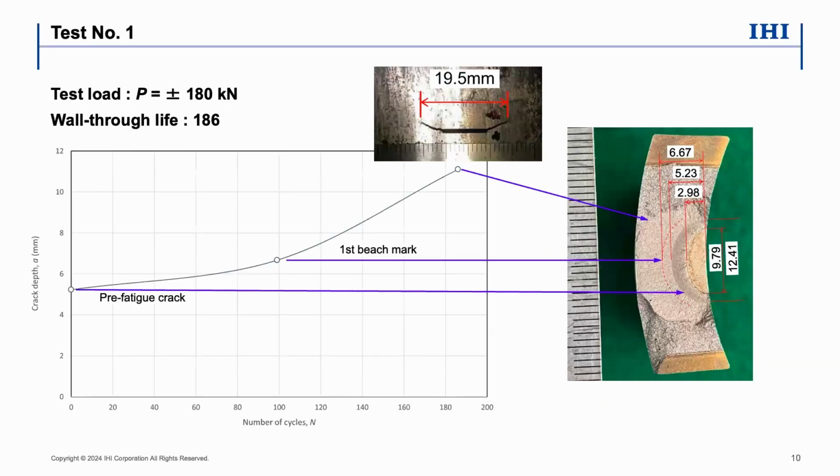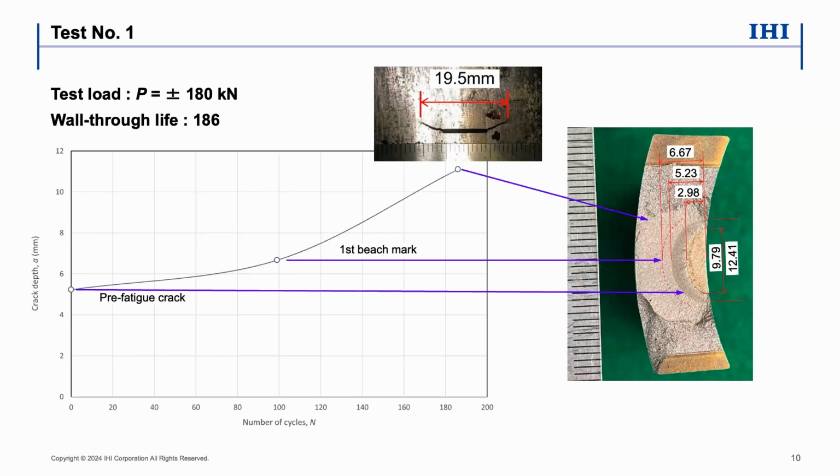So here we have the result from the first test, which was conducted at 180 kilonewton. Unfortunately, we could not introduce multiple benchmarks, only one, because the crack growth rate was higher than we expected.